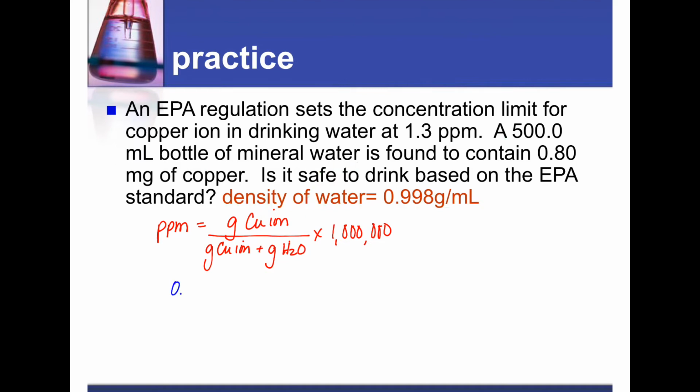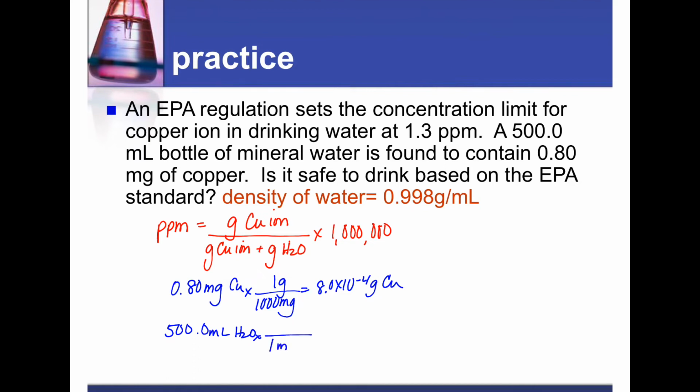So I'm going to do my grams of copper first. I have 0.8 milligrams of copper. I know that there are 1,000 milligrams in 1 gram. So that's 8.0 times 10 to the negative 4 grams of copper. To find my grams of water, I'm going to start off with my 500 milliliters of water. I can use the density.